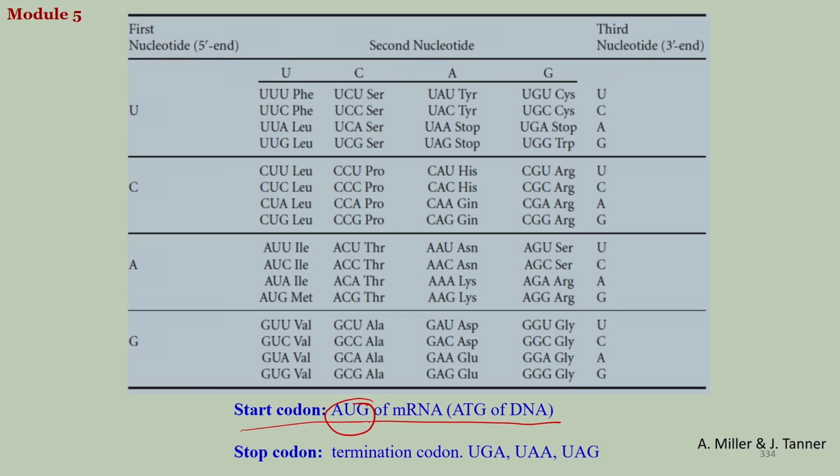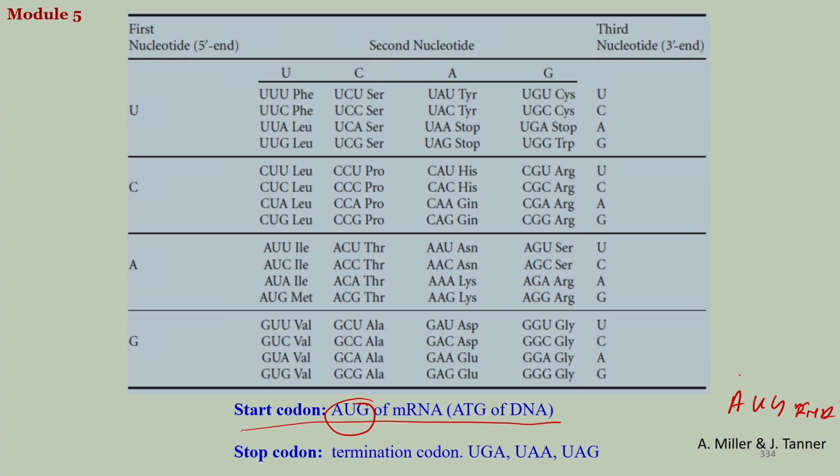So, the mRNA sequence will have the sequence AUG, and that is the start codon. So, the anticodon tRNA which will come and hybridize here would always carry a methionine there. So, AUG, this is the RNA, this is mRNA.